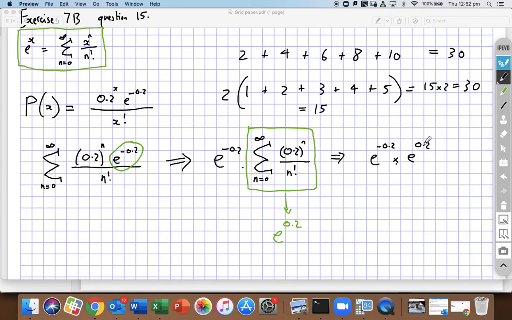We've got the same base, we're multiplying. What do we do with powers when we multiply? We add the powers. Minus 0.2 plus 0.2 is 0. Anything to the power of 0 equals 1.